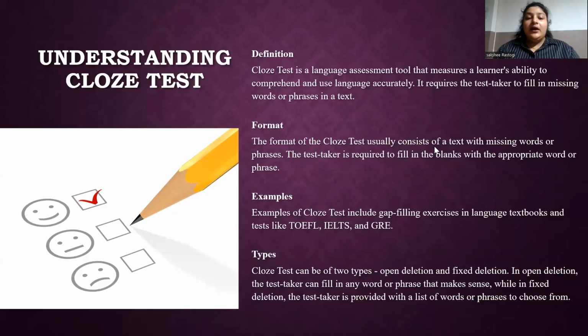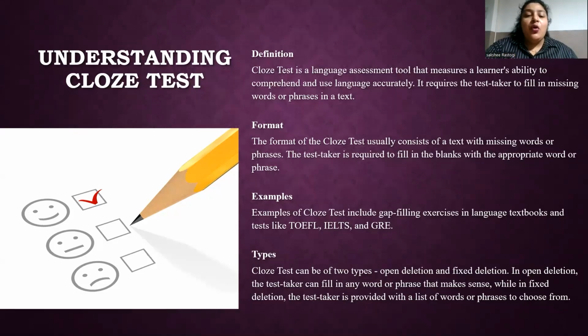So here are some additional types of cloze test, which is grammar cloze. In grammar cloze, you have to focus on the grammar and the syntax, with blanks that require test takers to fill in the correct grammatical structure. What is vocabulary cloze? In vocabulary cloze, you emphasize vocabulary, with blanks that require test takers to fill in the correct words or phrases.